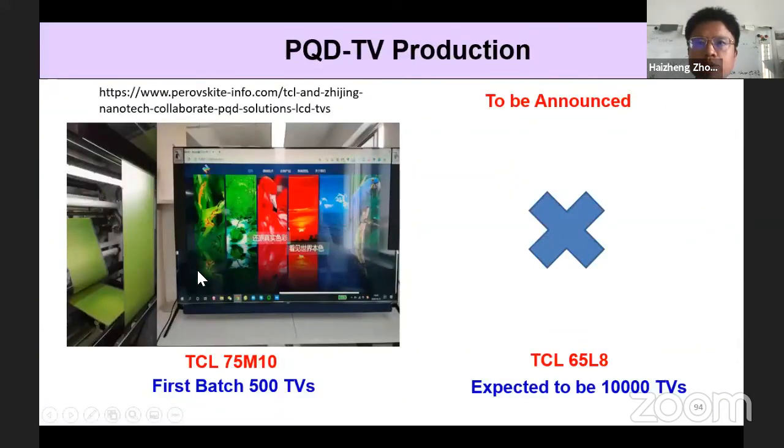In the last year, TCL started to release products of perovskite QD embedded TVs. They sold the first batch of 500 TVs last November, and it's predicted that a large number of TVs will be in the market.